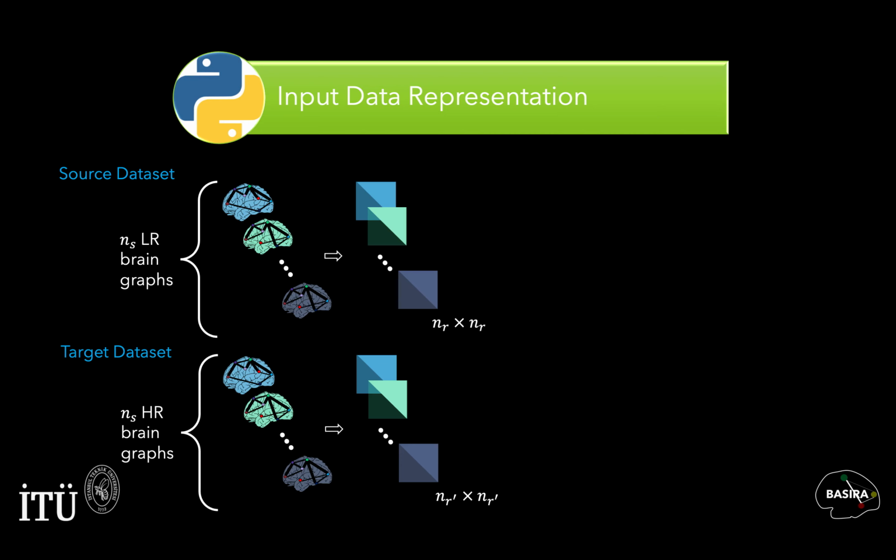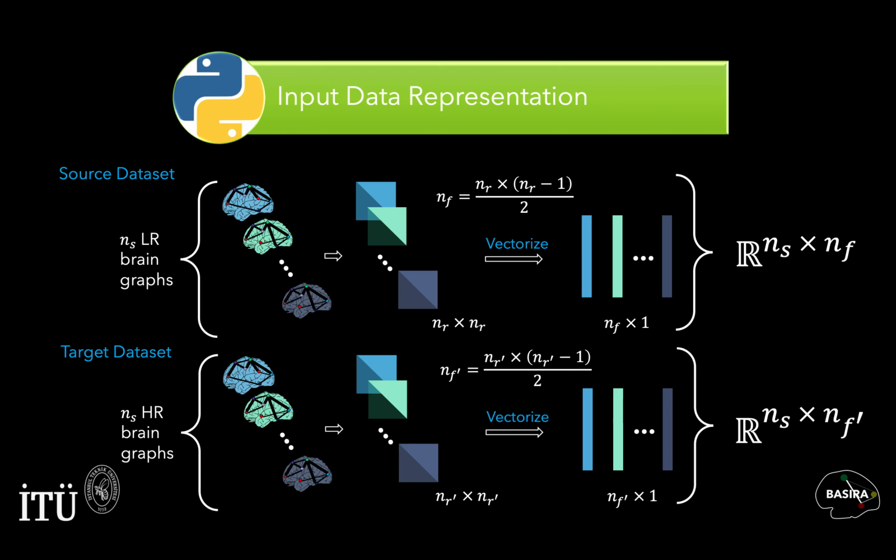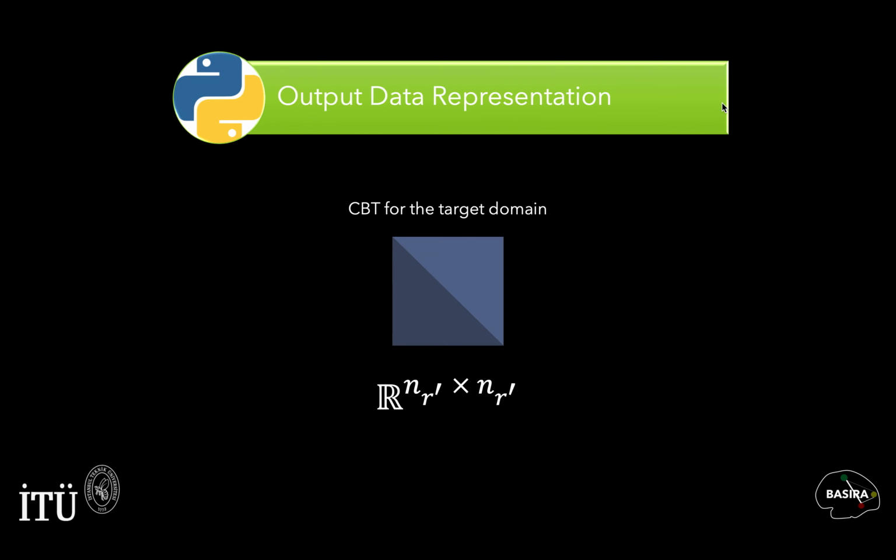NR and NR prime denote the number of regions of interest in the source and target domain respectively. To run TestNet, we need to vectorize the upper triangular parts of these matrices so that we obtain the column feature vectors for both domains. The output of TestNet is a CBT for the target domain with size NR prime times NR prime.